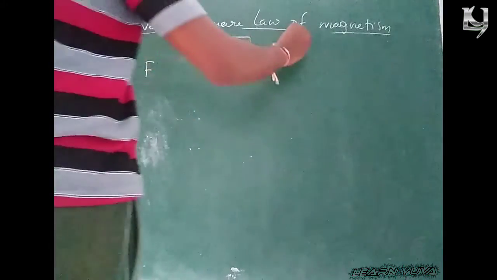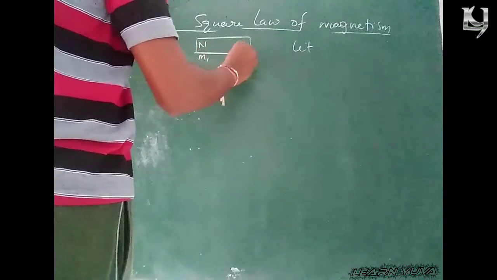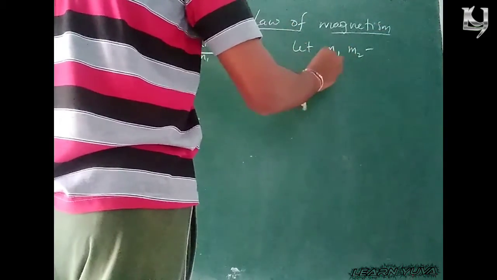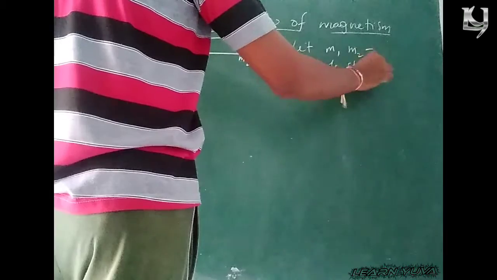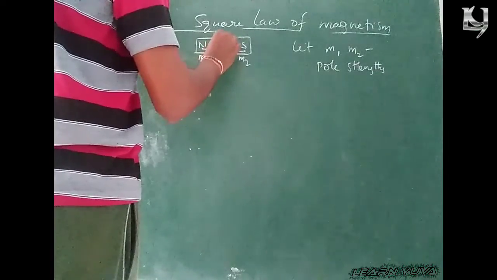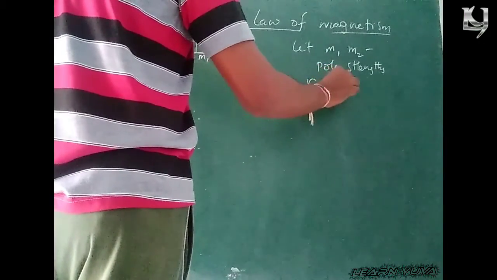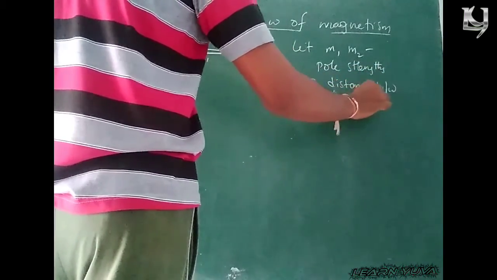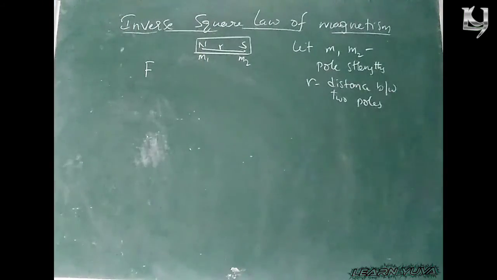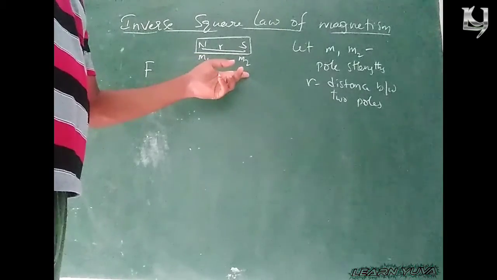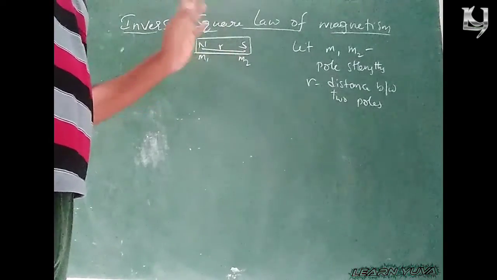Let M1 and M2 be the pole strengths, and R the distance between the two poles.